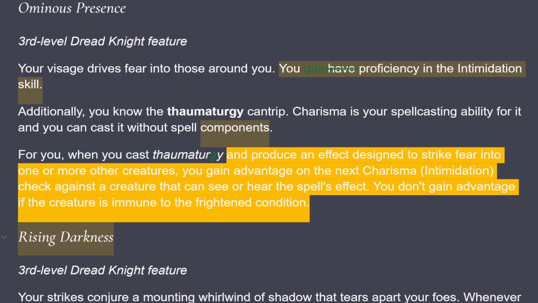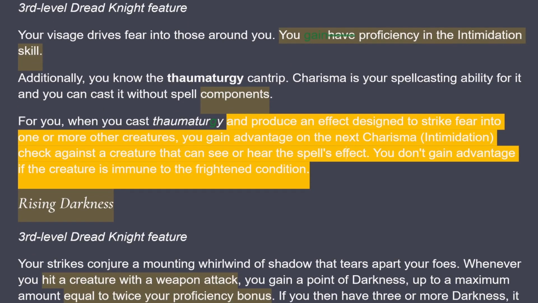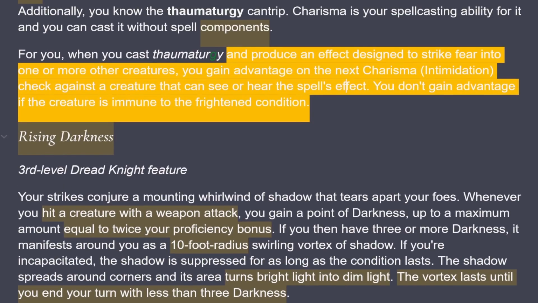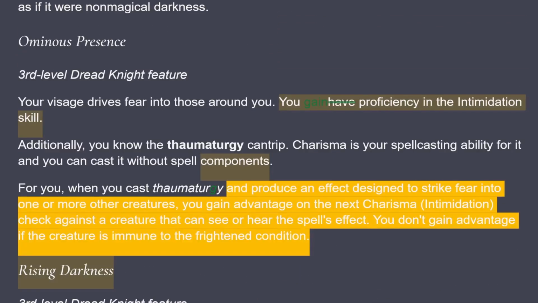So I don't even know if that matters. I suppose this is just being vague about it, like produce an effect designed to strike fear, just because you can do the altered eyes, you can do the fire play, making flames flicker and burn bigger or lower or whatever it is. You can make sounds like crackling thunder, so any of those things.